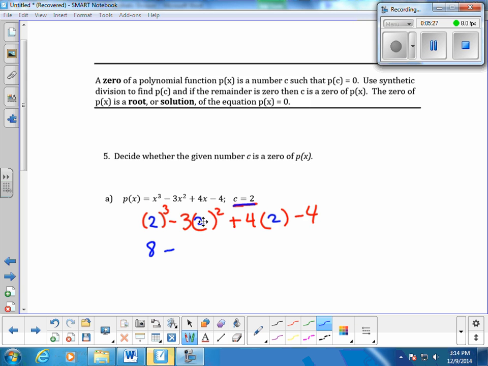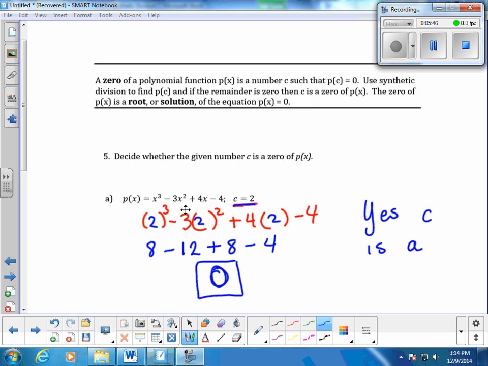Over here we've got to remember to do 2 squared first, which is 4, times negative 3, which is negative 12, plus 8 minus 4, 0. Using the remainder theorem, we find out that the remainder is 0, so I would say yes, c is a 0 of the original polynomial p of x.